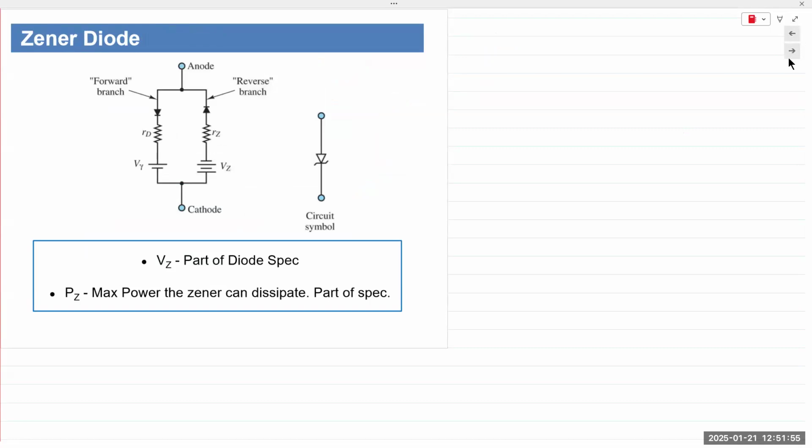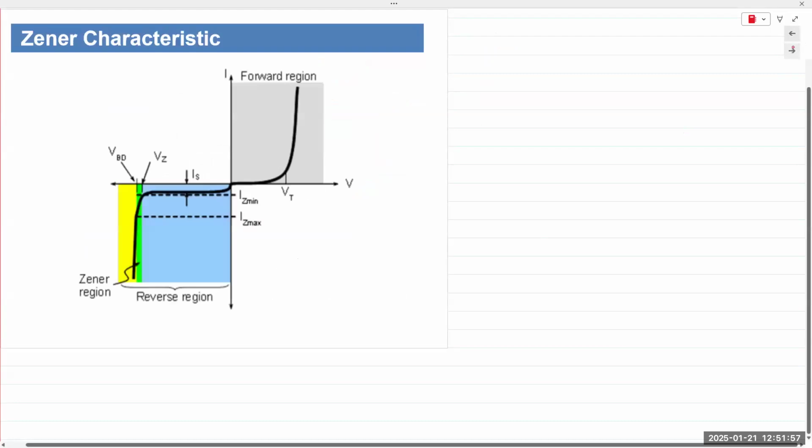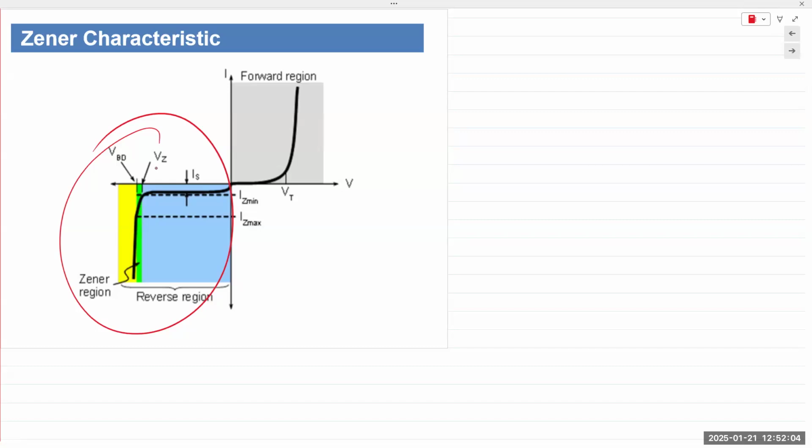What happens is in the reverse bias, the diode is supposed to be off. It does not conduct, right? But researchers discovered that if you dope the P and N type materials with high amounts of impurity dopants, meaning a heavily doped PN junction diode, at around 6 volts or less, there is an avalanche of carriers crossing over the junction.